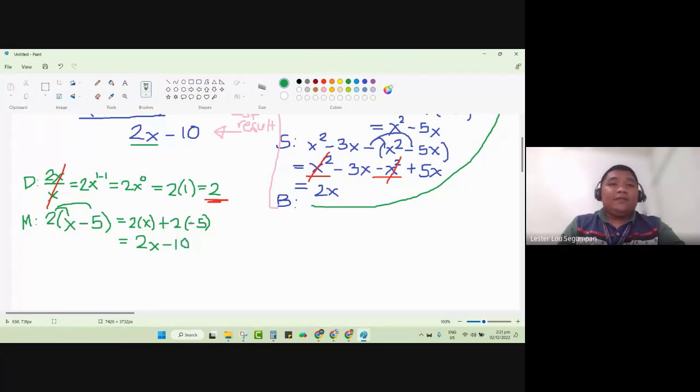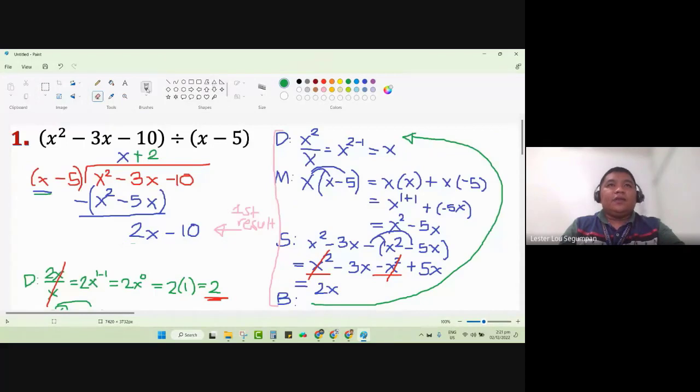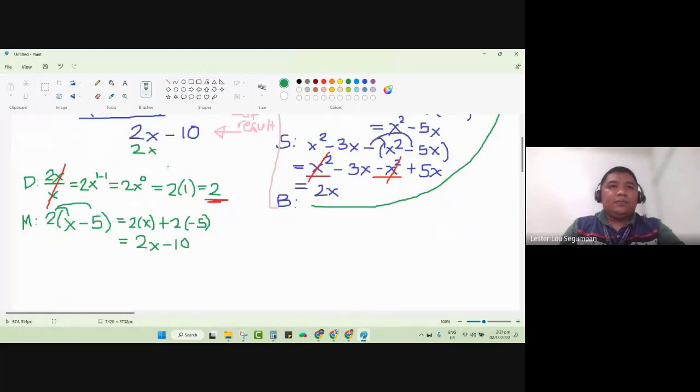Again, positive times negative is negative. 2 times 5, 10. This is your second product. We are going to place that here. So we are going to place 2x minus 10. Again, 2x minus 10.